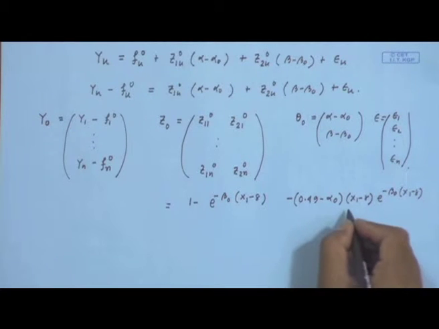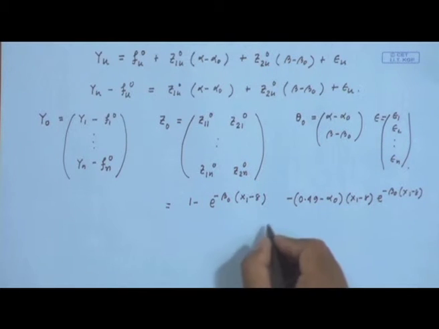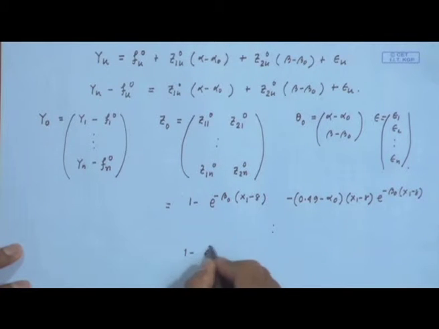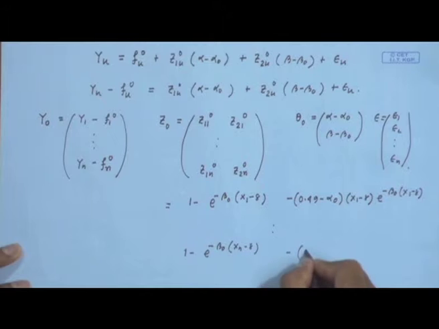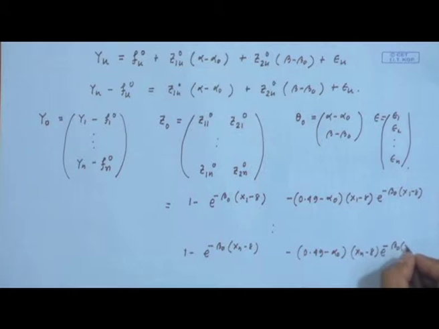So, you can see that this is the derivative of the function f with respect to beta at the point alpha naught, beta naught. Similarly, this one is 1 minus e to the power of minus beta naught (x_n minus 8), and this one is minus 0.49 minus alpha naught, (x_n minus 8) e to the power of minus beta naught (x_n minus 8).